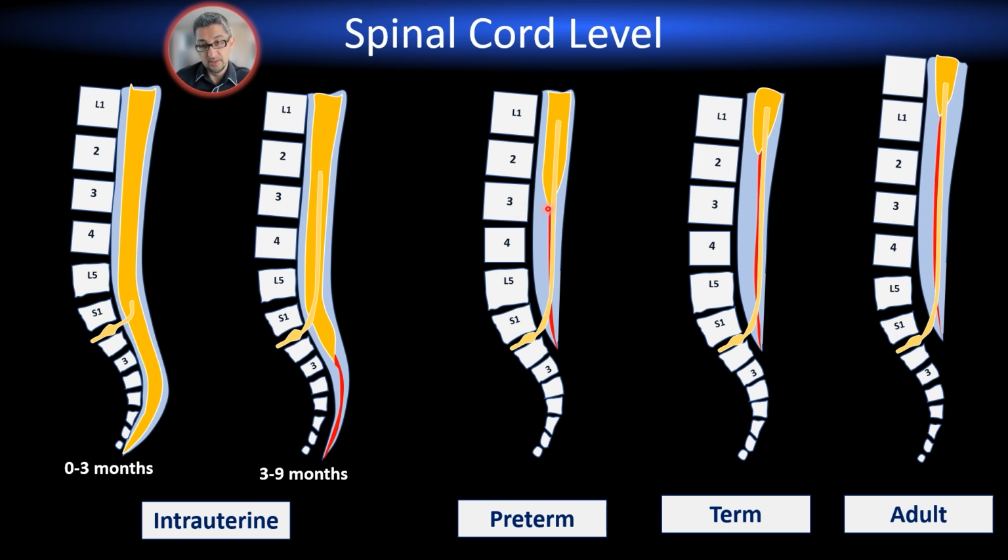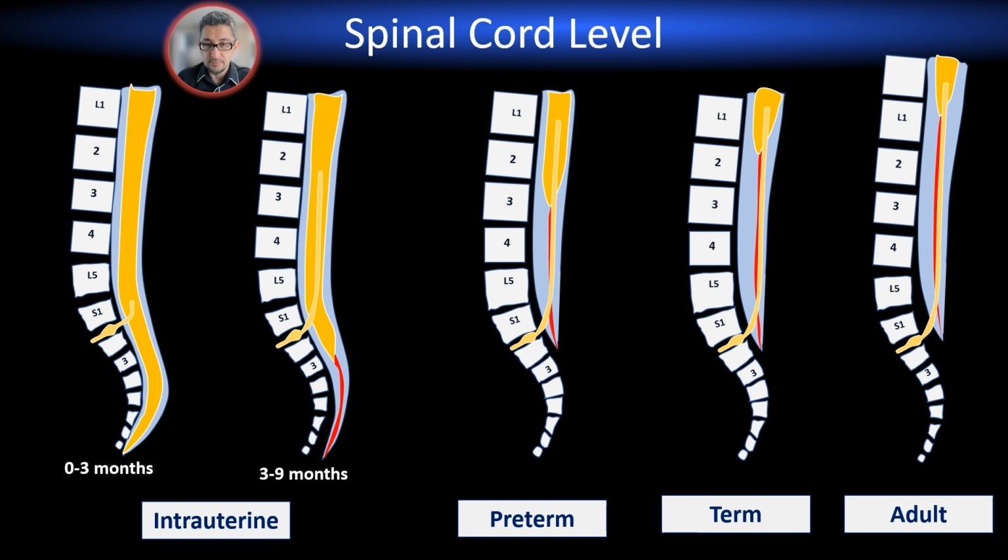In the term infant, it's usually around L1, L2, and in adult life, the level of the conus is L1 or above this level. Here you see the nerve roots and the filum terminale, which is in red color. As you can see, if the cord is low-lying in the later ages, the nerve roots will be shorter, and this won't change with surgery or other treatment.